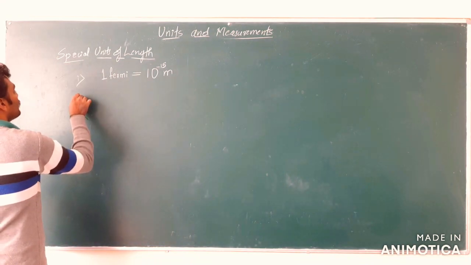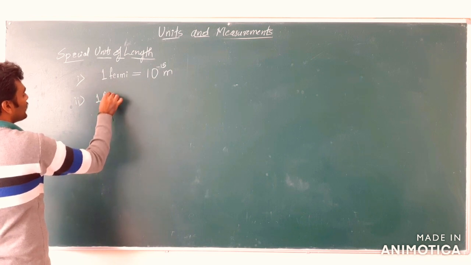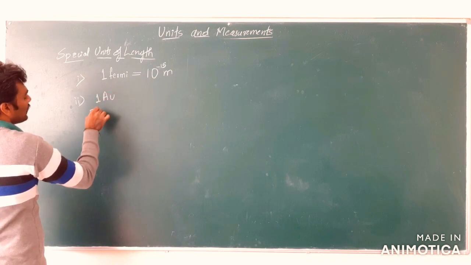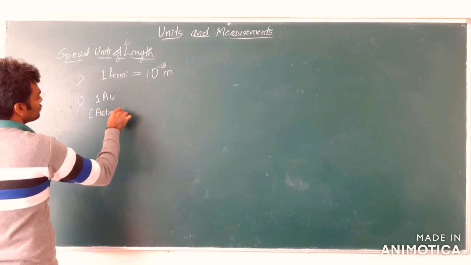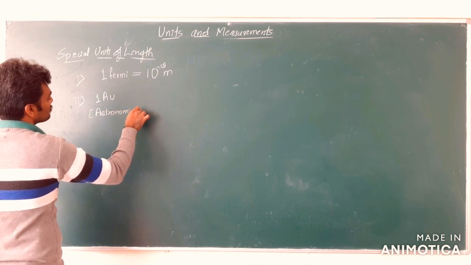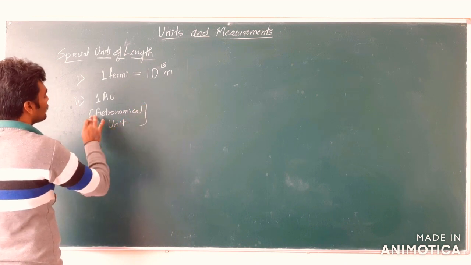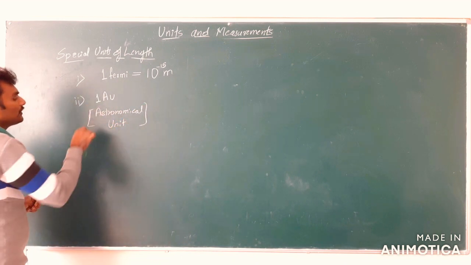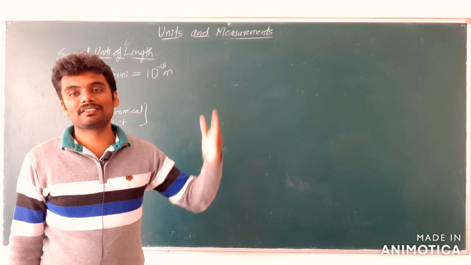Next, we have 1 AU, 1 astronomical unit. AU stands for astronomical unit. This is used in measuring very large distances.